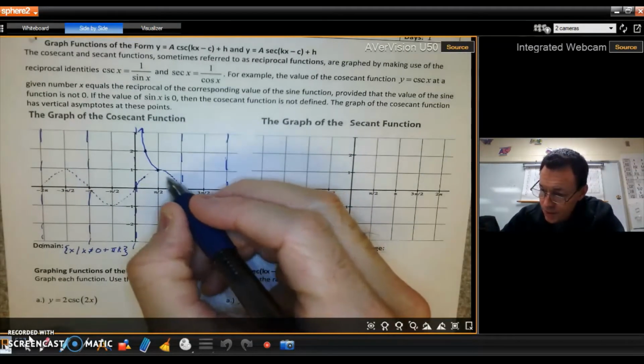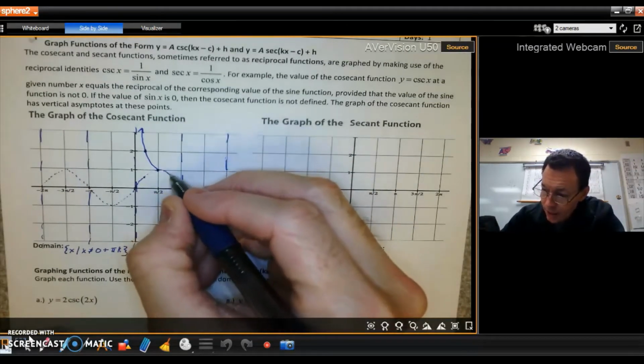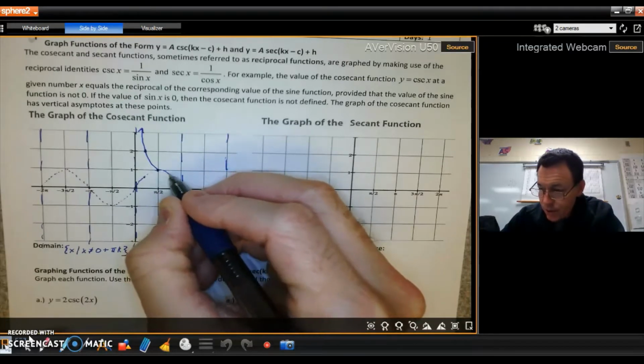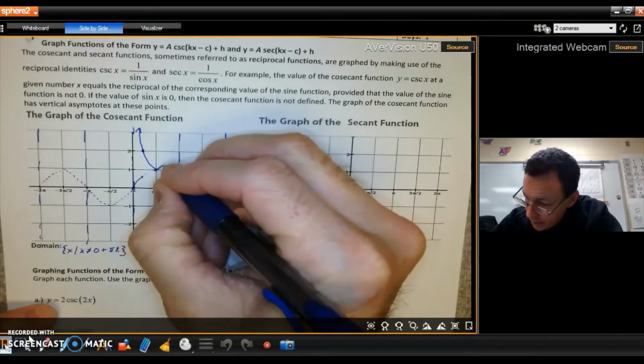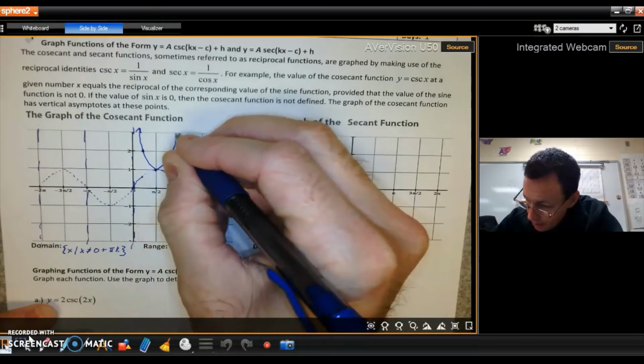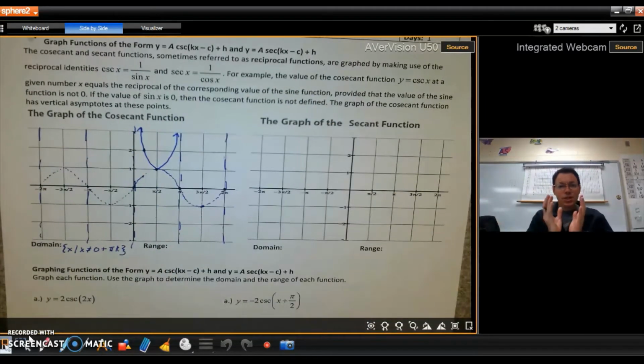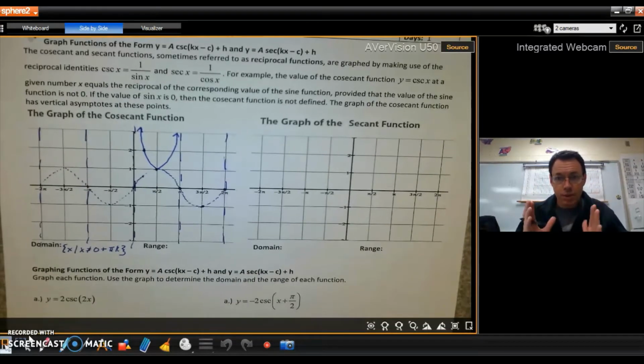Over here, same thing. Where the sine graph curves down, because the values are getting smaller and smaller, the reciprocals are getting bigger and bigger. So you get this little section that kind of looks like a parabola. It's not a parabola. Parabolas keep getting slowly wider as they go up, whereas this is going to get trapped and follow those vertical asymptotes.